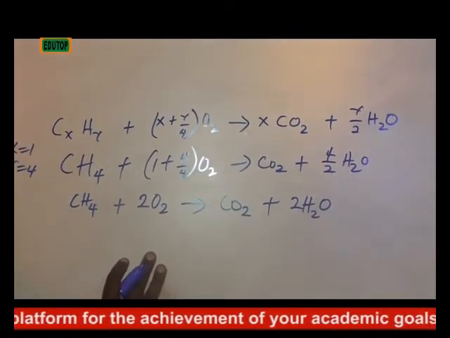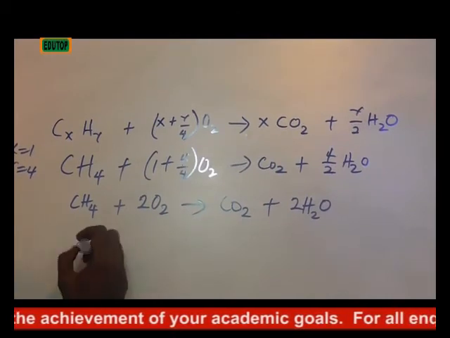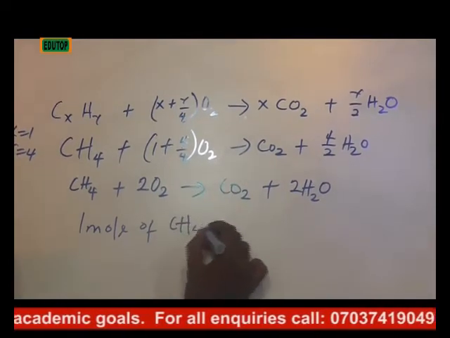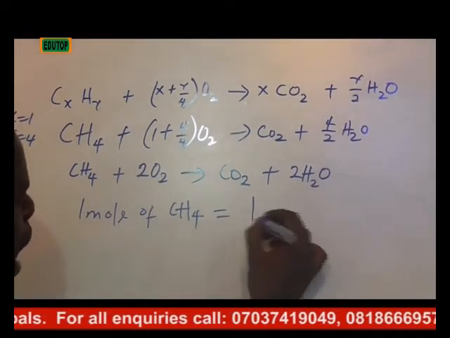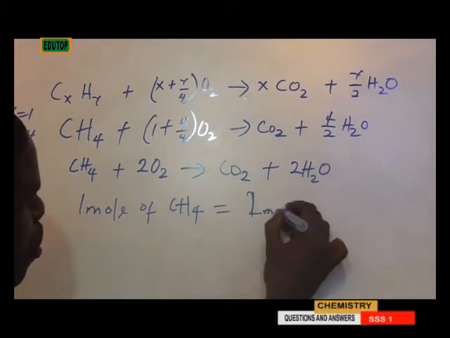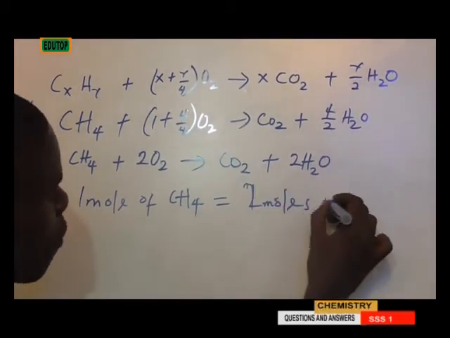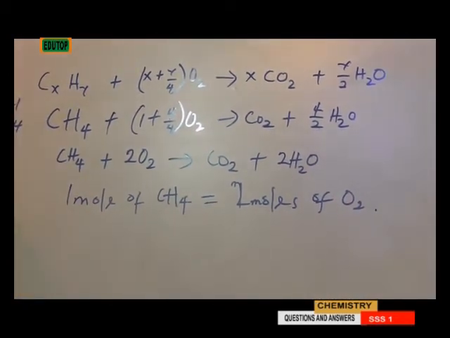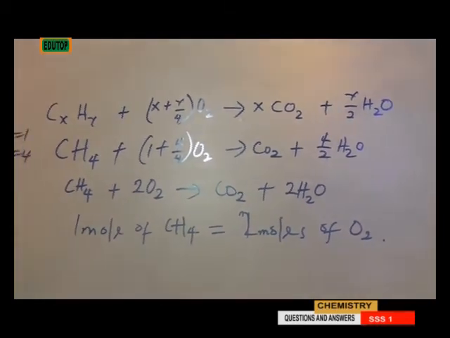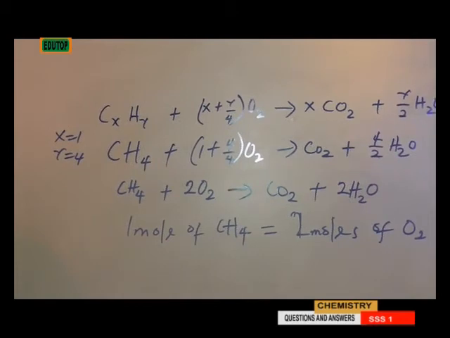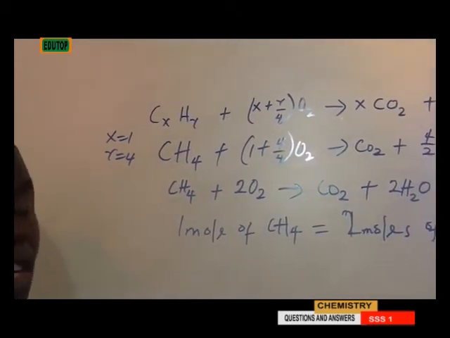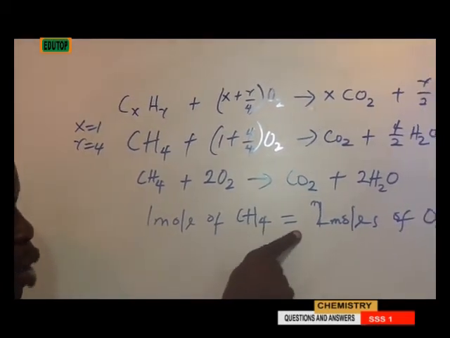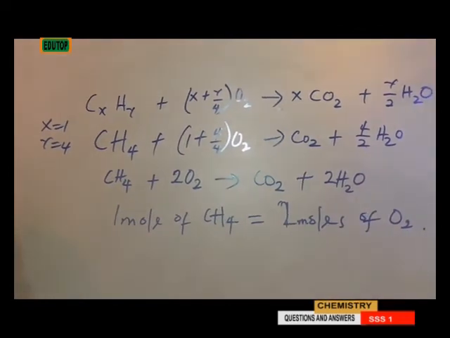From this equation, you can deduce that 1 mole of CH4 is equivalent to 2 moles of O2. Look at the question number 1. The question says, what is the volume of oxygen required to burn completely 45 cm³ of methane? From this equation, you see that 1 mole of methane is equivalent to 2 moles of oxygen gas.